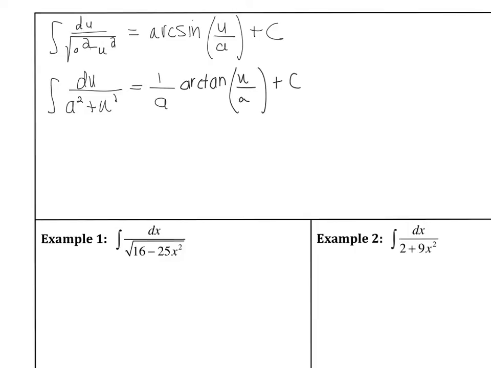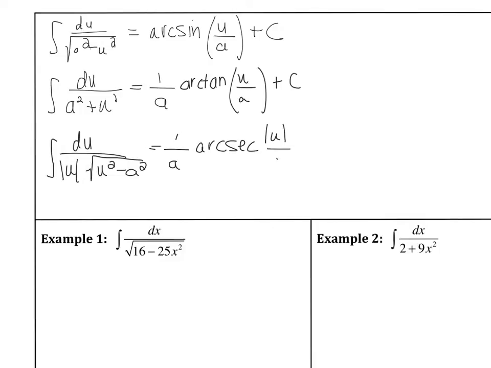And then, last but not least, the antiderivative of something of this format, u squared minus a squared, will go to 1 over a arcsecant, and then absolute value of u over a, all of it on the inside.